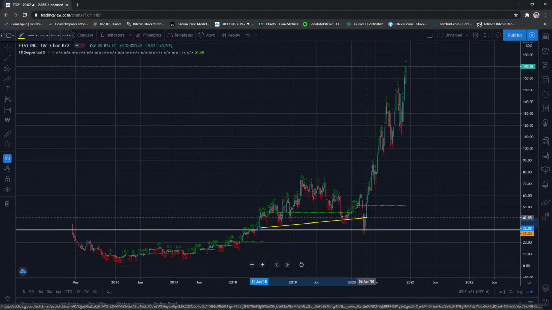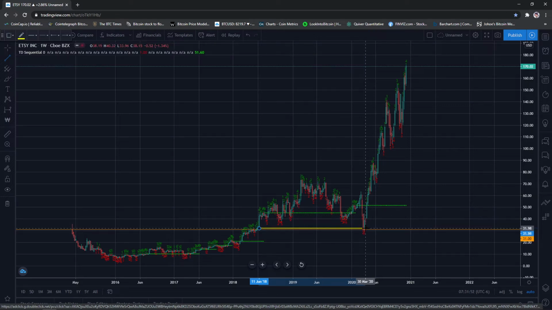It's kind of weird because it would have been much nicer if it had stayed drawn here and then broke out. But you draw this hyperwave theory on a weekly time frame. People talk about fractals and stuff like that. You can do it on smaller time frames, but its original intent was to do it on the weekly.